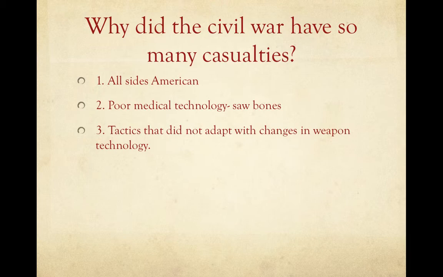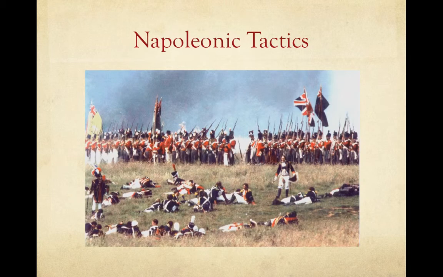However, the tactics that they used to fight these wars had not changed, and this proved to be absolutely fatal in numerous battles. Let's look a little deeper into the technology that improved leading into this war and how they were still using very outdated tactics to fight the war.